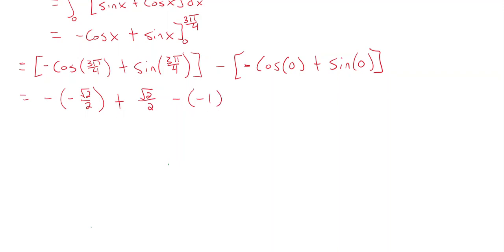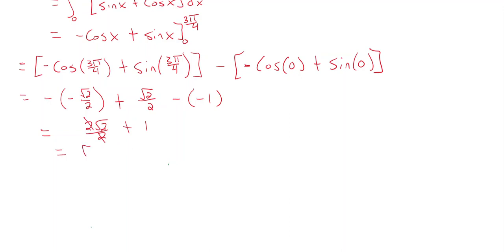So this is positive root 2 over 2 in the end. Putting those together, we have 2 root 2 over 2's, so those cancel, and then we have plus 1.